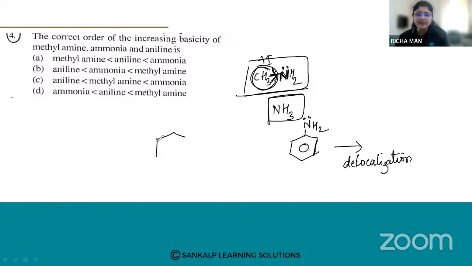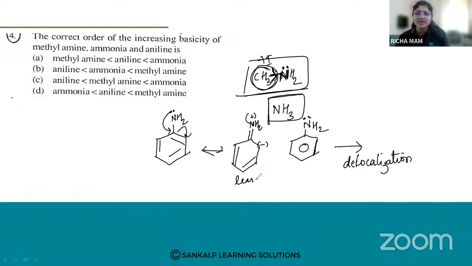If I write the delocalization of aniline, this is the lone pair of electrons, which will undergo delocalization. This will form NH2 plus. So here it cannot be protonated, and because of that, this is the least basic.